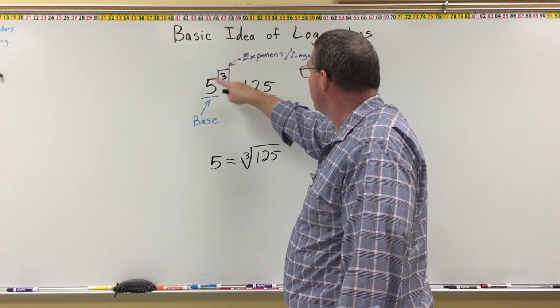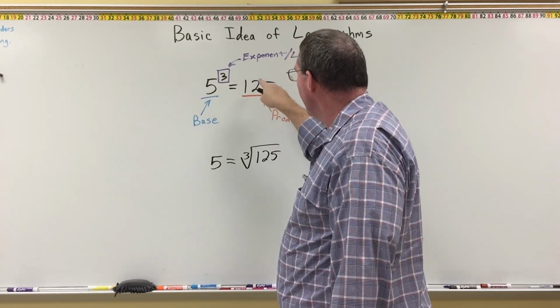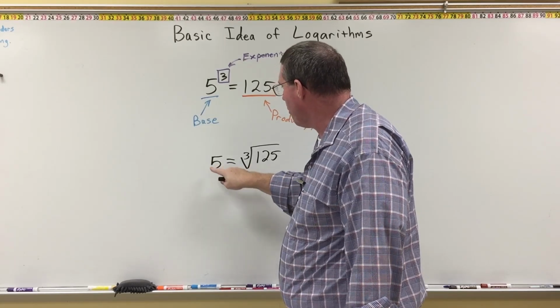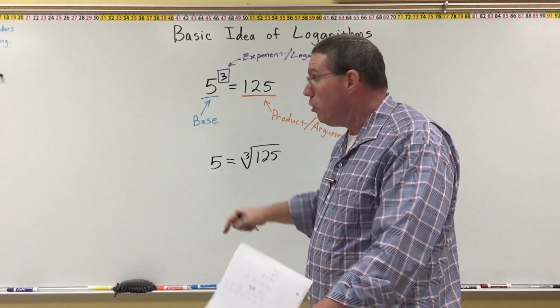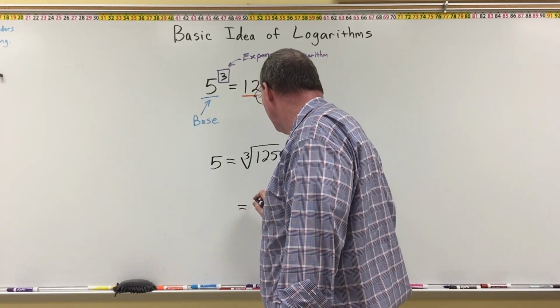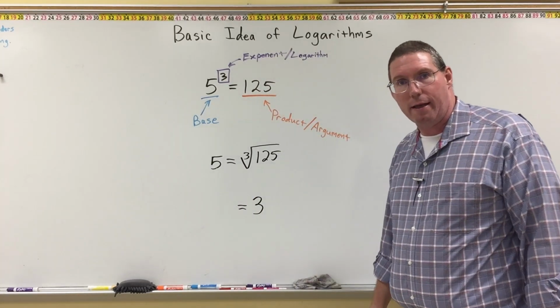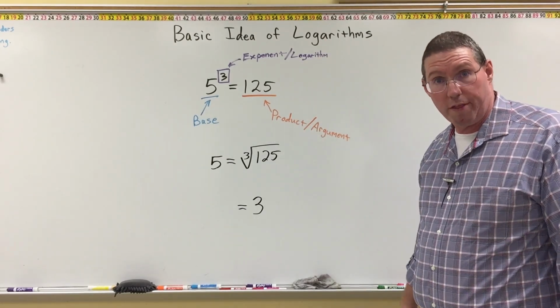So in this question up here, the answer, the thing that's all by itself, is the product. But in this one, in the radical form, the thing that's all by itself is the base. Well, you may be asking yourself, is there a kind of question that gives the exponent as an answer all by itself? And the answer is yes, and it's called a logarithm, okay?